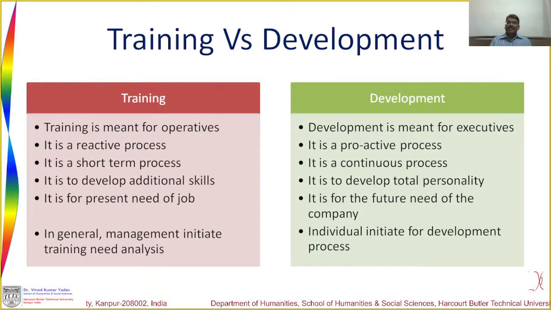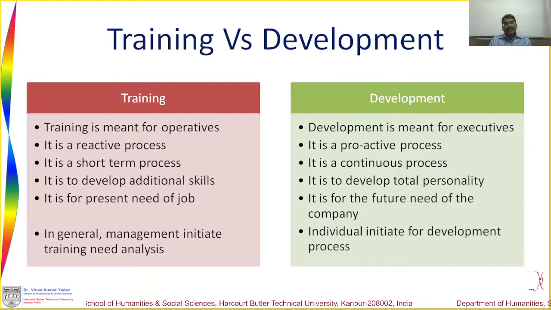What makes a difference in training and development? As we discussed, training is basically for bridging the skill gap. So training is meant for operatives, operation level. Indirectly you can say blue collar jobs for employees, whereas development is meant for executives.